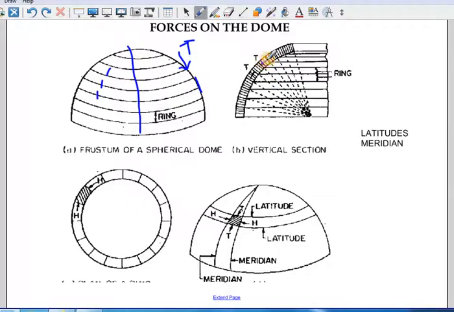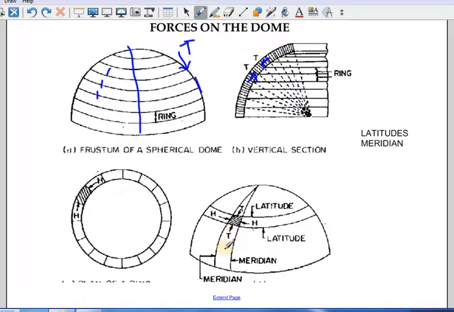So this is your T along the meridian, and at the bottom, if you see, this is a horizontal force, the hoop force. If you take a small portion of the surface of the dome, you can see here these are your meridians and these are your latitudes. Along the latitudes you have a horizontal force, the hoop force. Along the meridian you will have a thrust, the meridional thrust T.